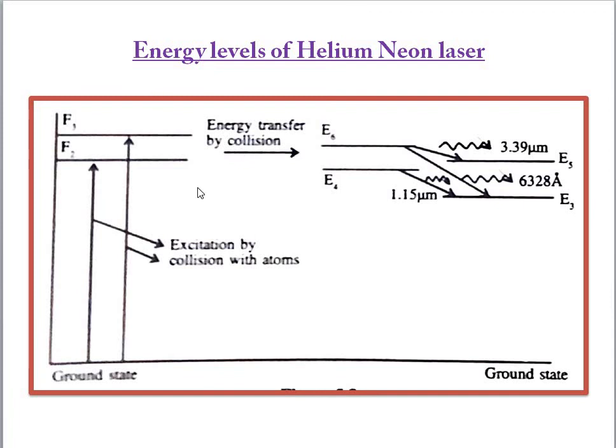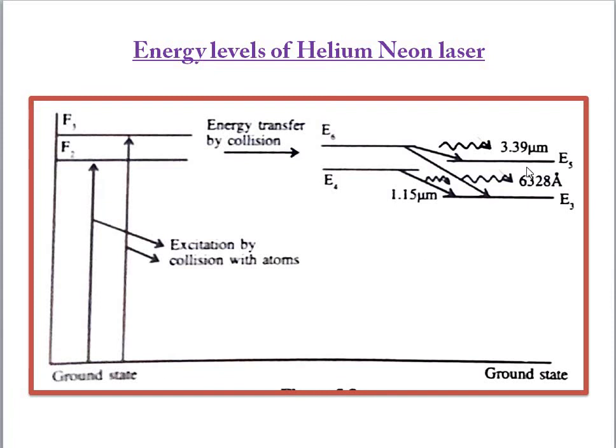These electrons are de-excited to the ground state by colliding with neon atoms. So they collide with the neon atom and exchange their energy with neon. So these are the energy levels of neon. They transfer the excess energy to the neon through the collision.